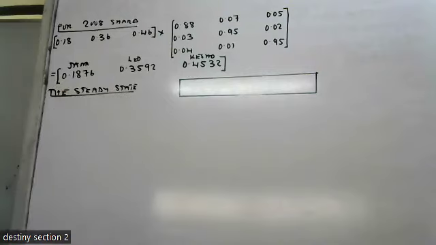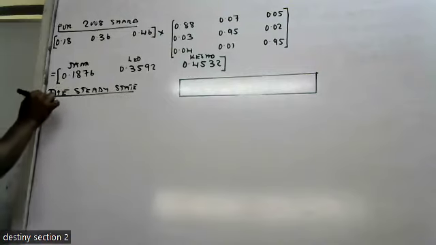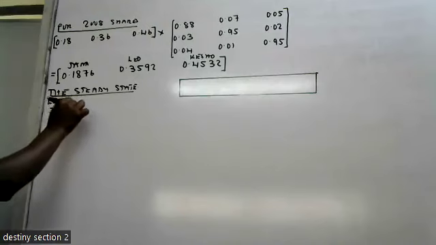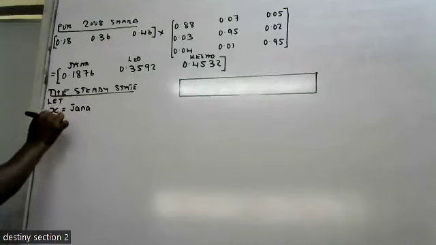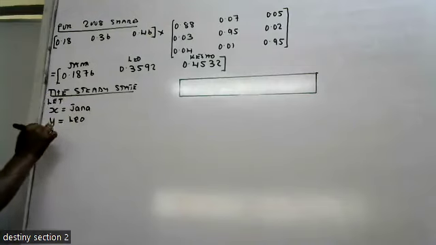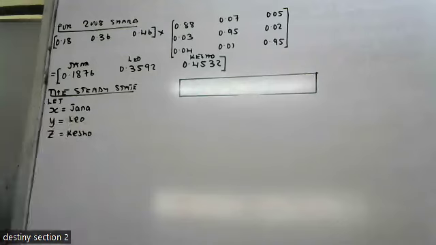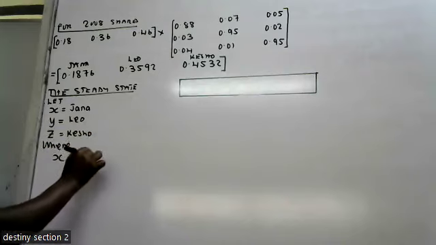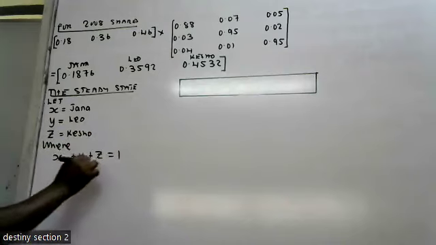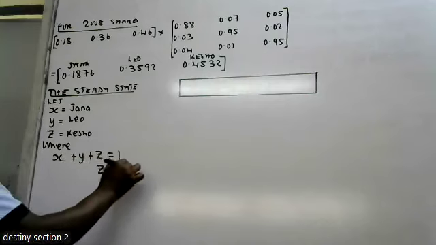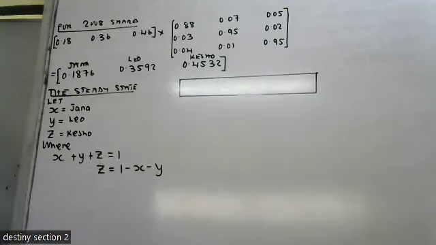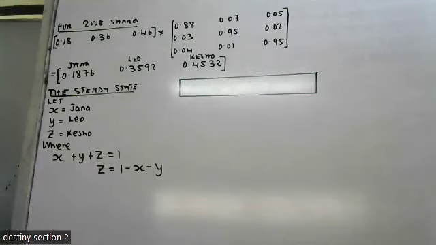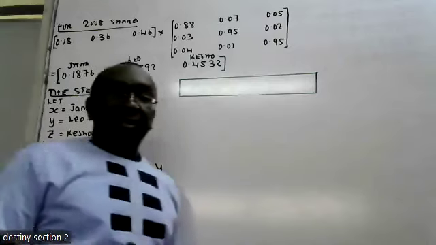If you are told to get the steady state, you will say let X represent Jana, Y represent Leo, and Z represent Kesho, where X plus Y plus Z should be equal to 1, and Z should be equal to 1 minus X minus Y. So I've told you this one is done to ensure that we just end up with one less equation.